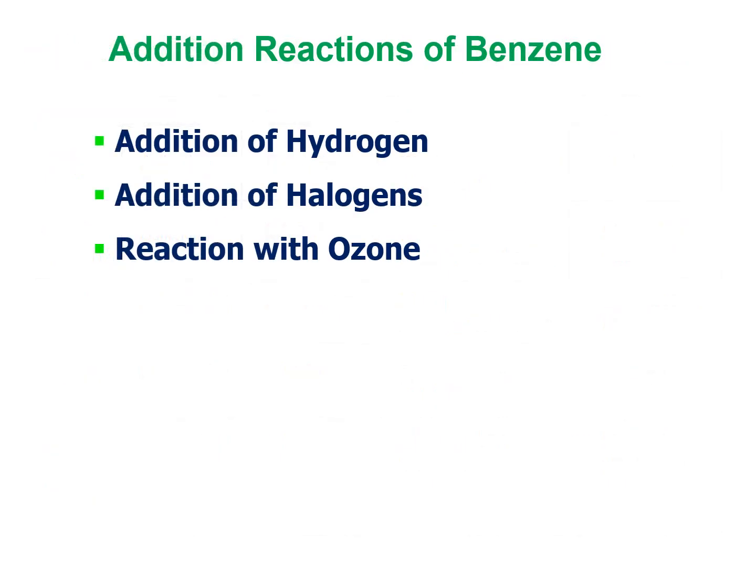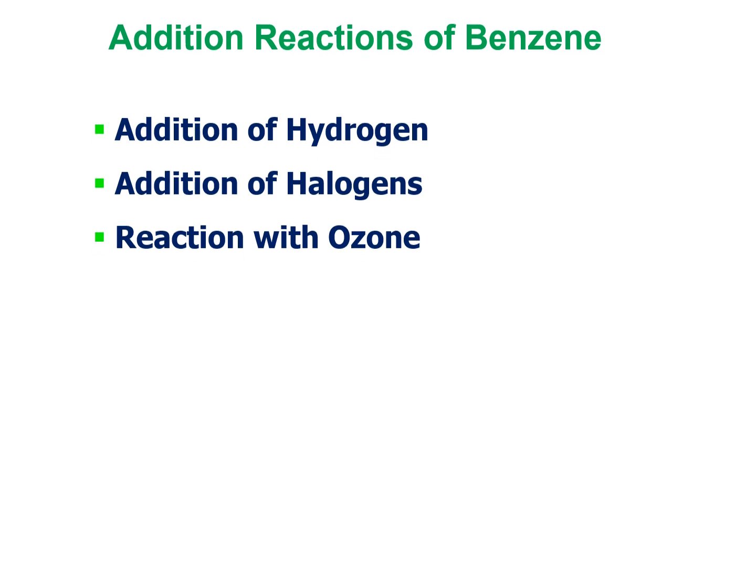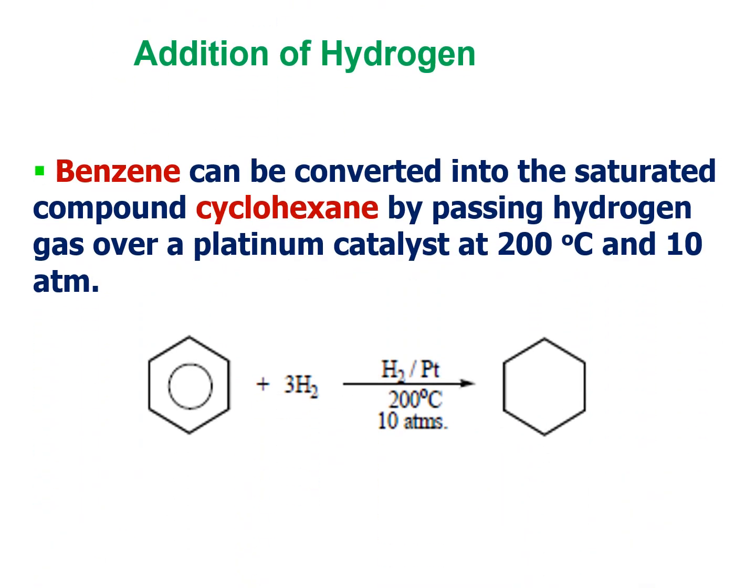The addition reactions in benzene. Remember, benzene resists addition reaction. The reason is what you're going to see. It undergoes halogenation using platinum as a catalyst at a very high temperature because it needs this high temperature for the reaction to occur. This benzene will cease to be benzene, will become cyclohexane. So that's why benzene resists addition reaction of halogenation.